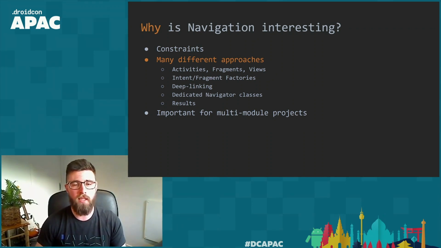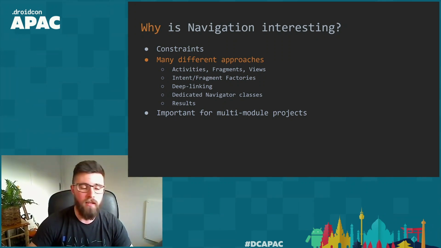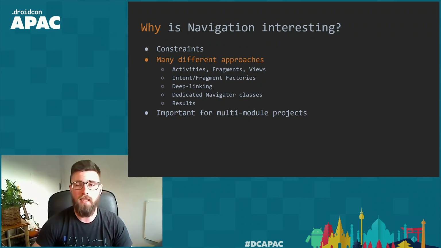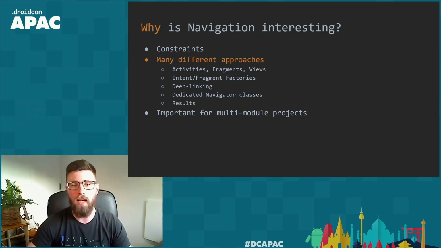We've got activities, fragments, and views all being used to represent screens in an application. And in the not too distant future, we'll be adding composable functions to that list. We often use intent or fragment factories attached to an activity or fragment companion object to try and get a little bit more control over the bag of strings that makes up our arguments.